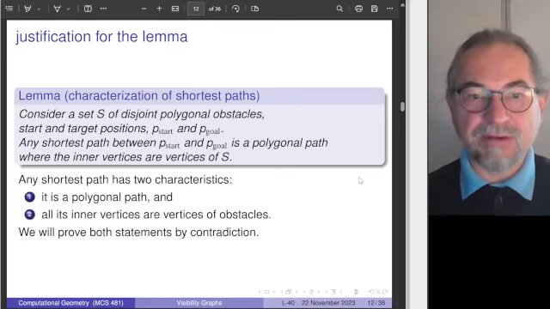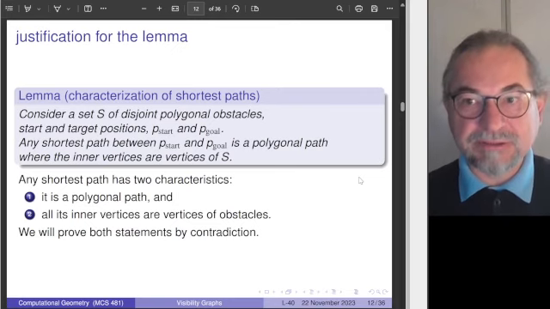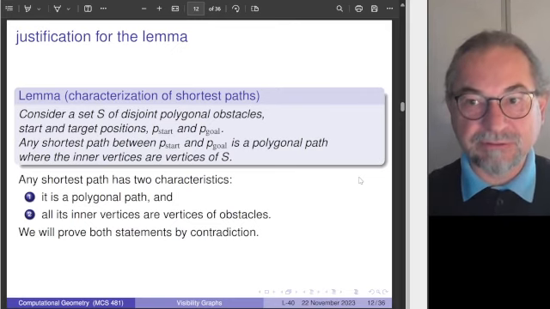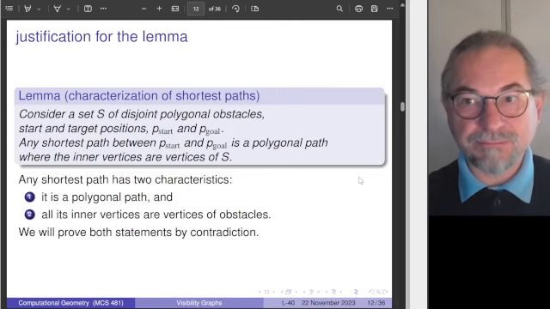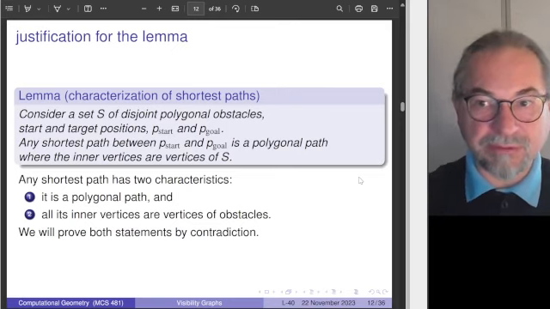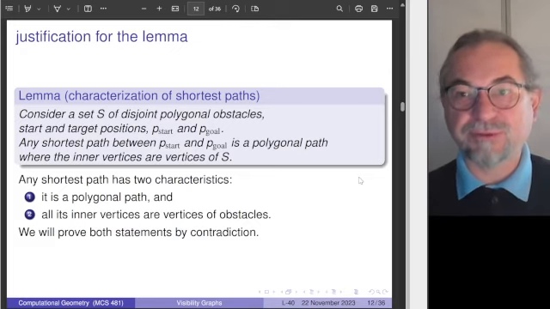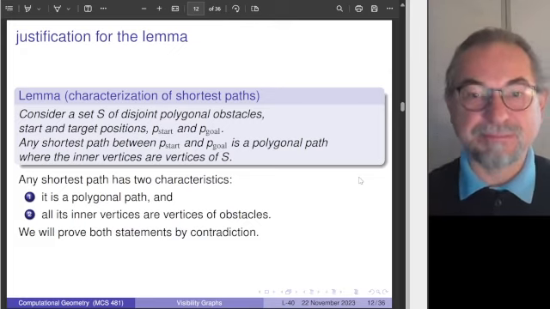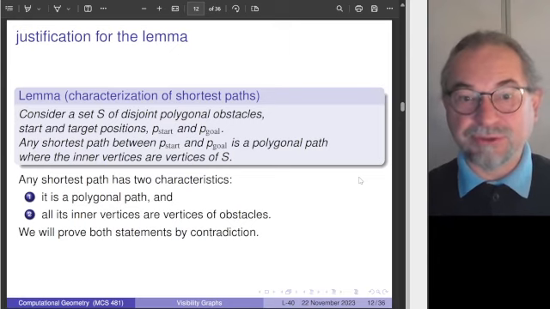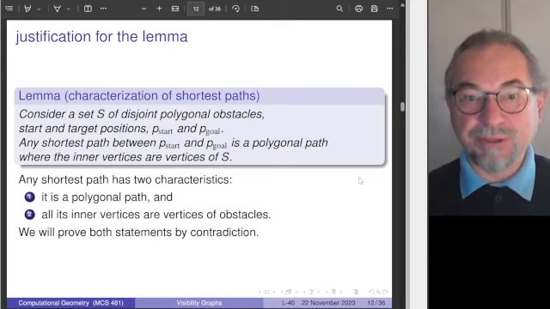So we have a path that consists of line segments, so no crooked lines. You could think about, can you go in an arc from start to target? Might look a little bit better, but that will not be the shortest path.